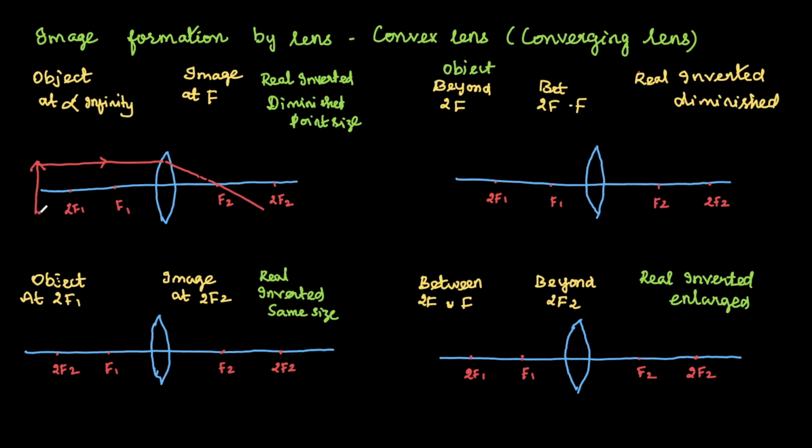One more light ray, because the intersection of two light rays is the point at which the image is formed. So the parallel light falls on the lens and it gets converged at the point F2.